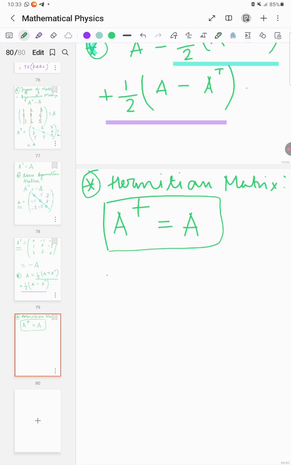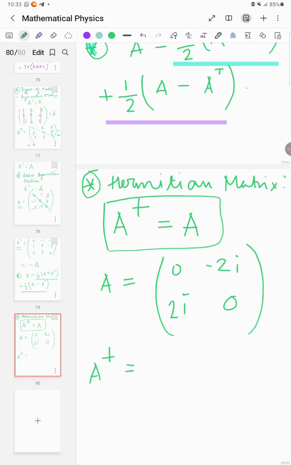So consider A to be [0, 2i; -2i, 0]. Alright. So A dagger changes to be, what will be the complex conjugate of this matrix? 0 will remain 0, -2i will become +2i, +2i will become -2i, and 0, with a transpose.